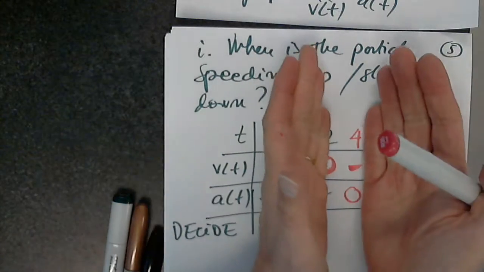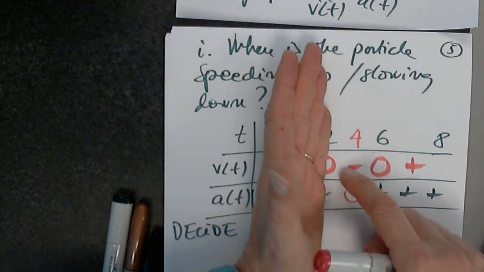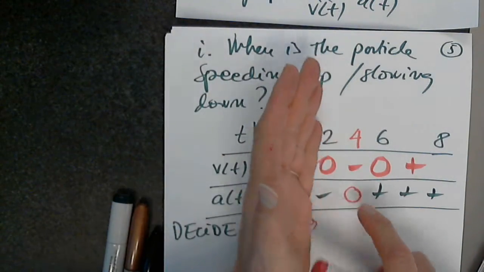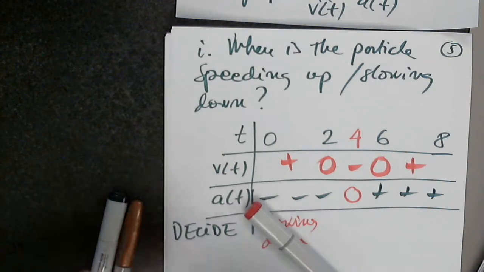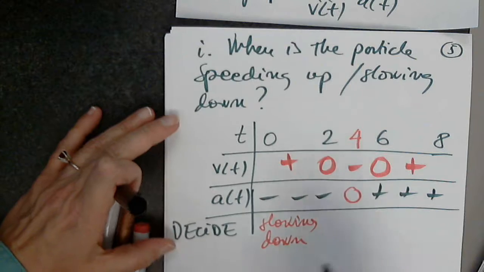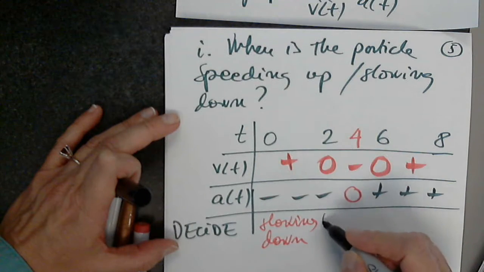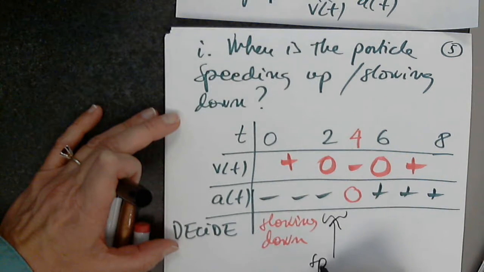What happens between 2 and 4? The velocity is negative, the acceleration is negative, they are going in the same direction, they are going negative direction, but they are helping each other. So what does the particle do between 2 and 4? Yes, between 2 and 4, speeding up.